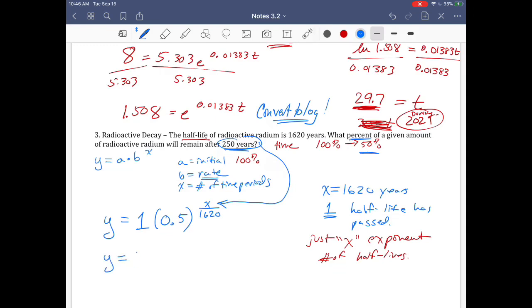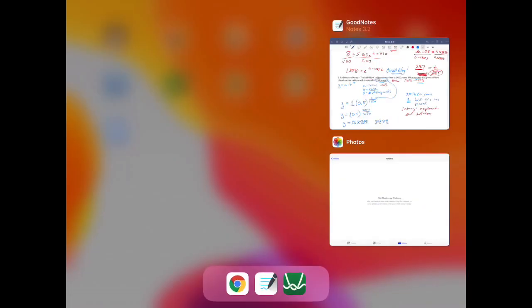So let's just put in 0.5 to the 250 over 1620, just evaluating how much is left after those number of years, and we get 0.89 something or another, to get about 89.9%. Those were the next couple of values that I got.